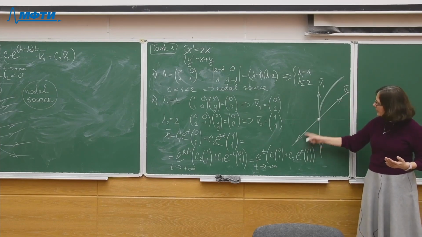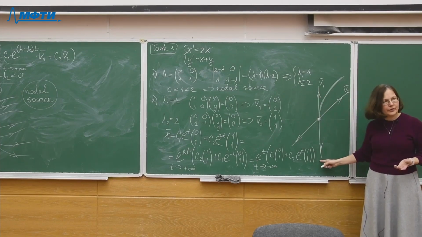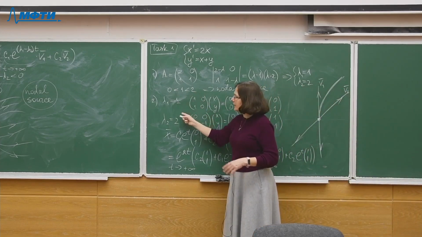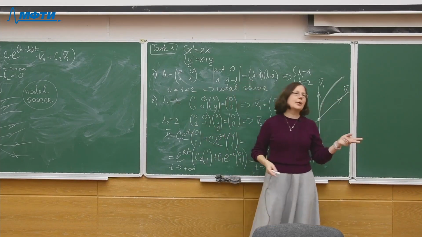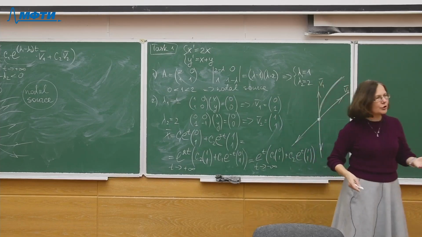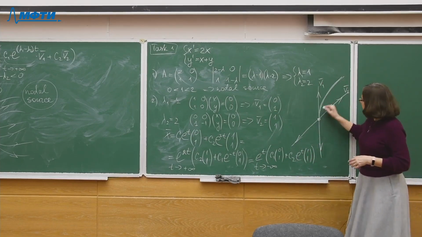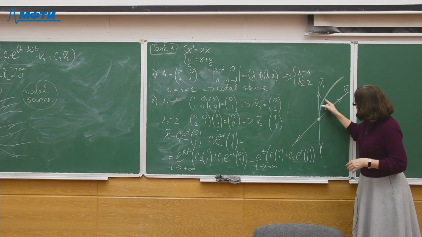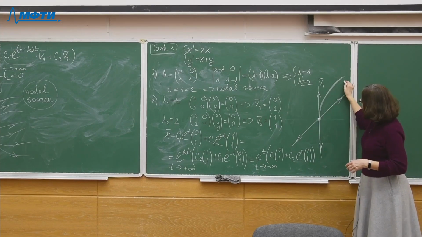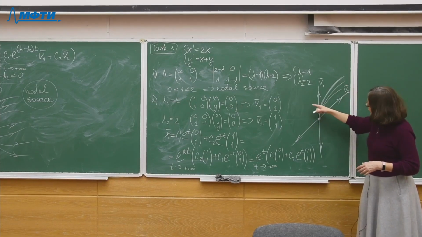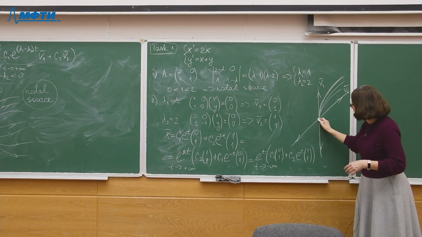This straight line or the vertical straight line. It depends on the inequality, right? On whether lambda 1 is greater than lambda 2 or less than lambda 2. So in our case, our trajectories are tangent to the vertical line, so we're trying to draw this.